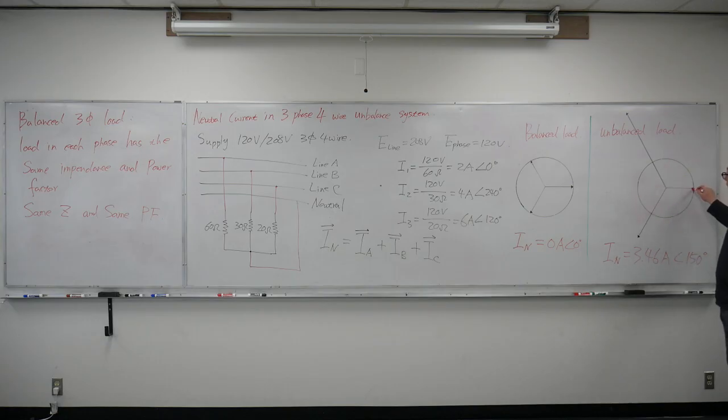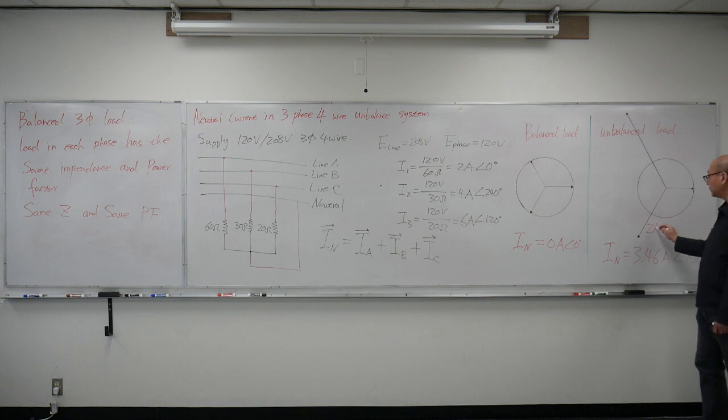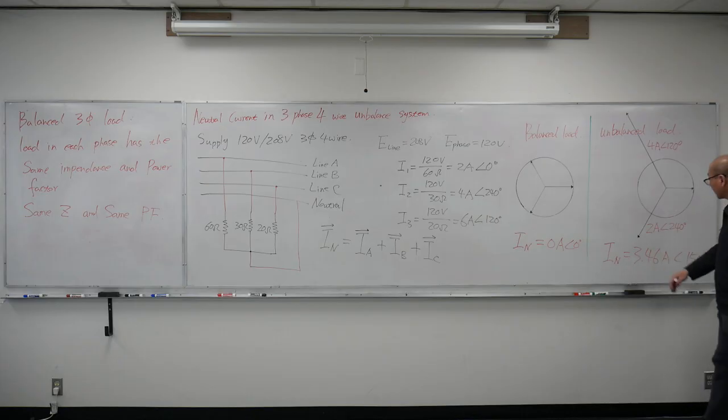So to calculate the neutral current, we can use this circle. We can subtract the lowest one. We have 2 amps down here at the 240 degree, and 4 amps down here at the 120 degree. We can just add these two vectors together to get the same number. You can see the neutral current down here is higher than the lowest current, but lower than the highest current.